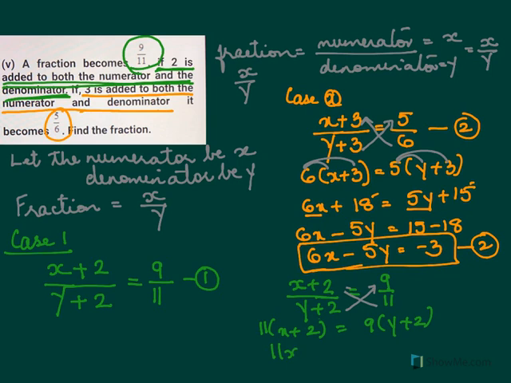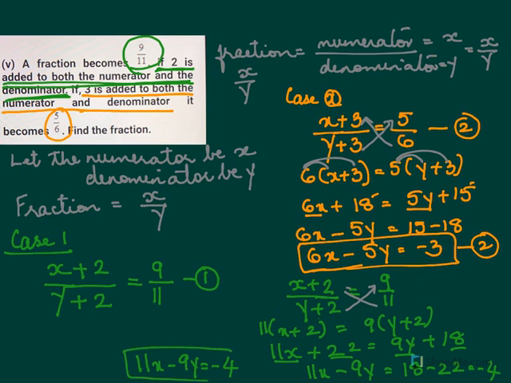We'll open the bracket. 11x, 11 into 2 is 22, 9y, 9 into 2 is 18. Put x and y together. This is the x term, y term, and equal to the non-x and y terms, so 18 minus 22, that is minus 4. So my next equation, I'll write it out here only: 11x minus 9y equal to minus 4. This is equation 1.